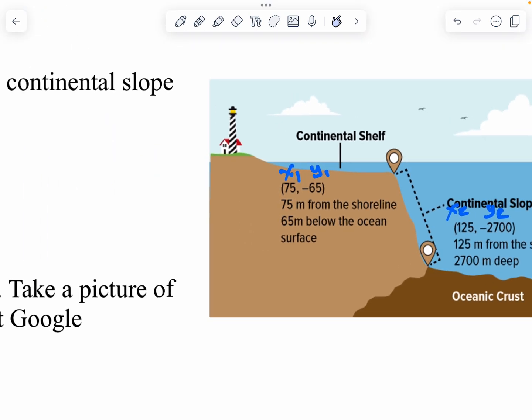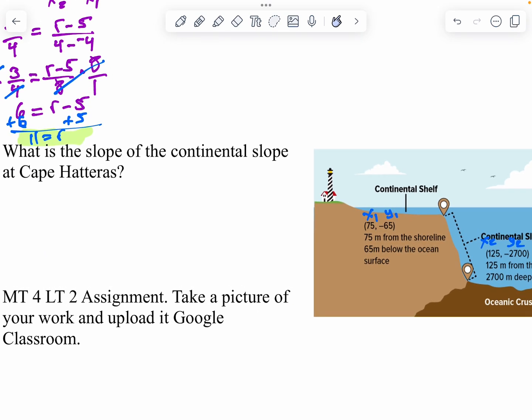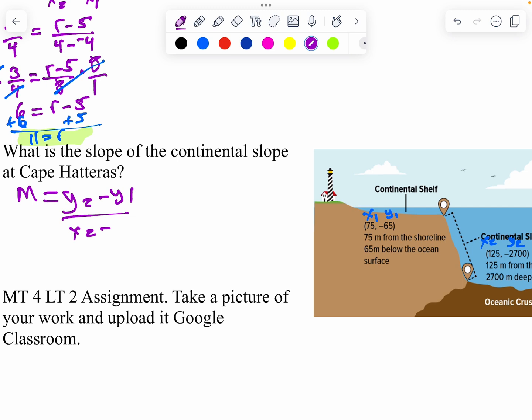So let's substitute those in here. I should write down my formula. m equals y2 minus y1 over x2 minus x1. All I'm doing is finding the slope. So I'm going to say negative 2,700 minus 75 all over 125.